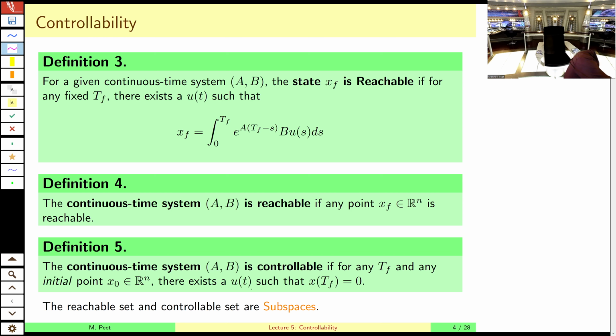Highlight them here. Reachable, controllable. Now, what's funny, of course, is that reachability is actually defined twice. So in particular, they're both defined sort of as an input to state map. Here's your input. Here's your state.